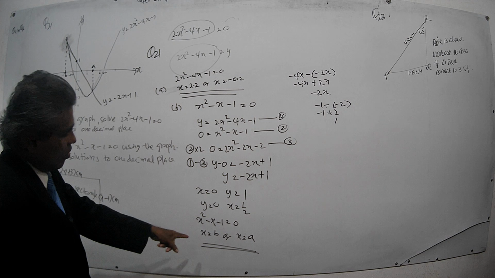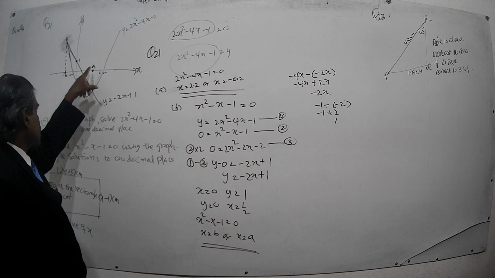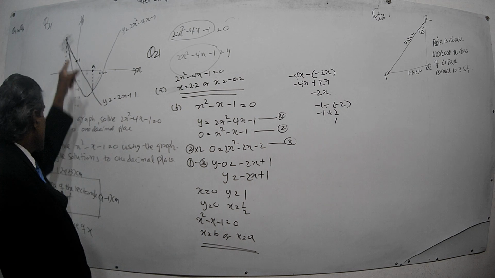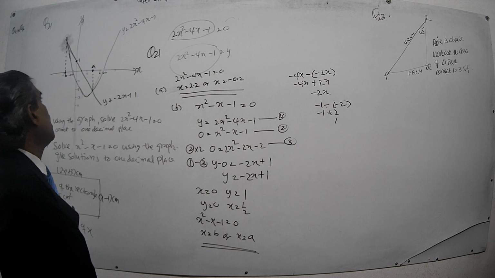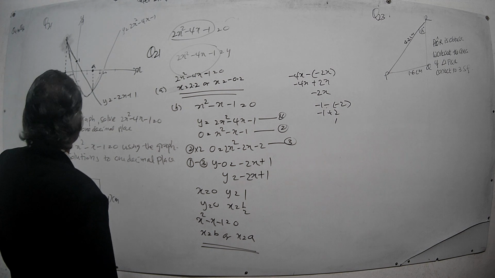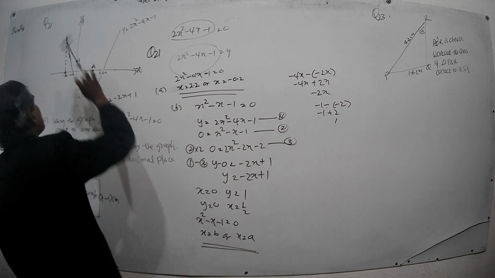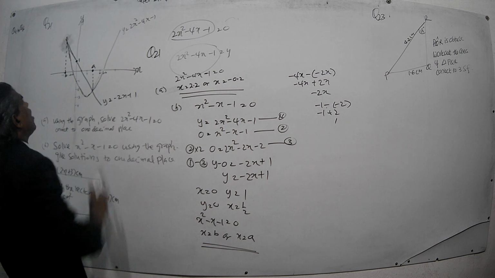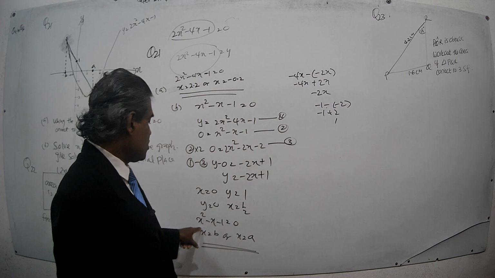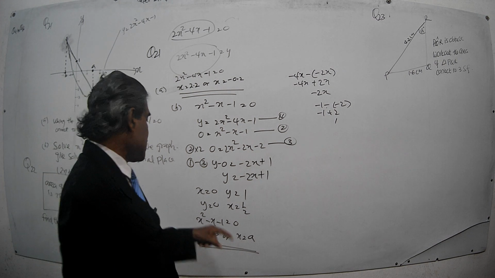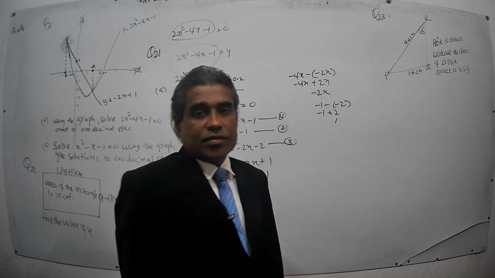The x coordinates of the points at which this straight line graph cuts this quadratic graph are the solutions of the equation x squared minus x minus 1 equals 0.